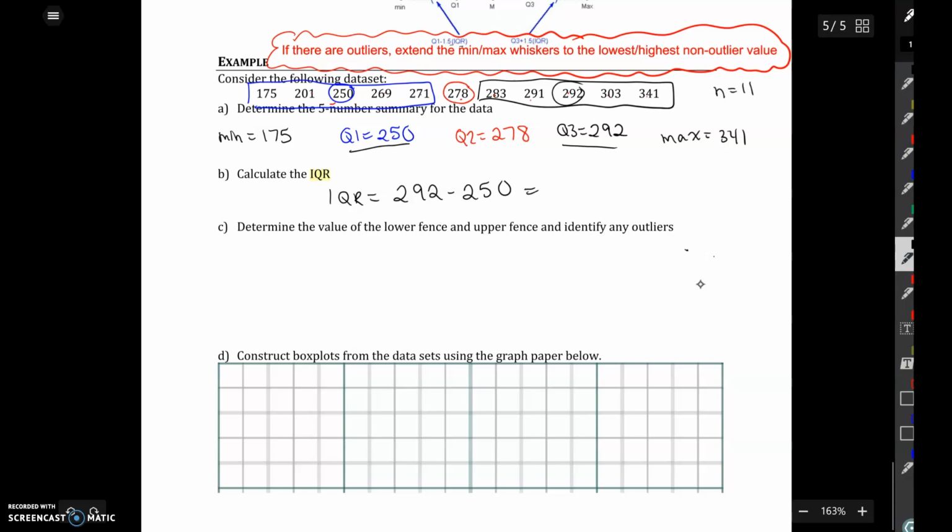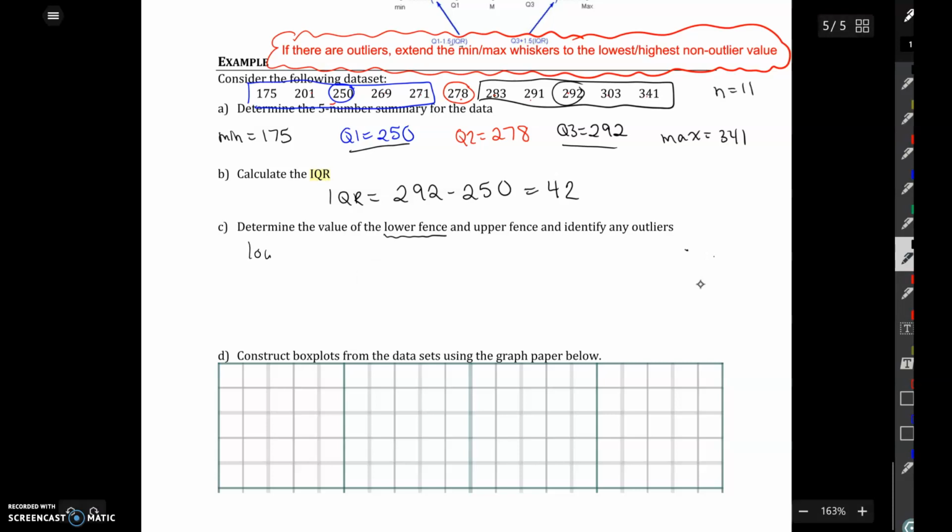So our interquartile range for this data set is 42. Now we can figure out the lower fence on our data set. The lower fence refers to the lowest non-outlier value, or the lower limit at which a value starts being considered an outlier.